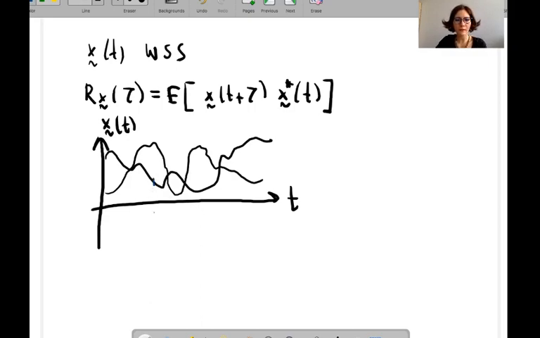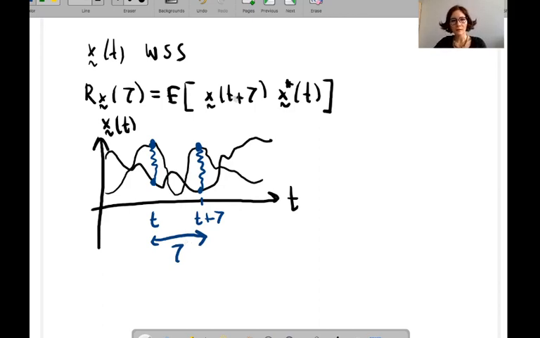So let's take some t in here, and I get this blue random variable. Now let's look at the random process at some t plus tau, so I get the second random variable. The time difference between these two time instances is tau.